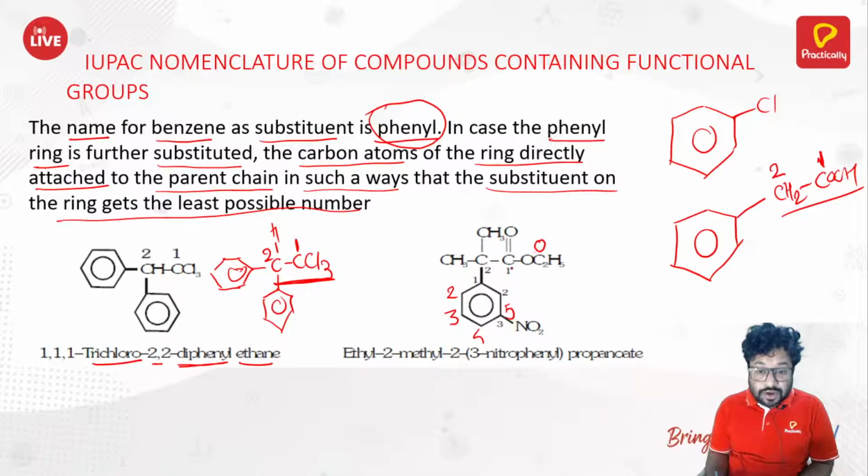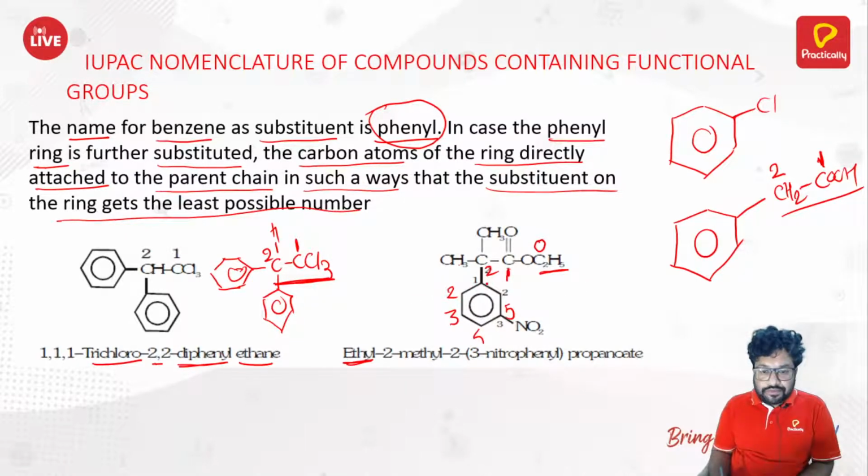So it is like 0, 1, 2, then 3. That is how you name it. It is a different nomenclature. For this ethyl, you do not give any numbering, you just write ethyl. And counting starts from this carbon: 1, 2, and 3.